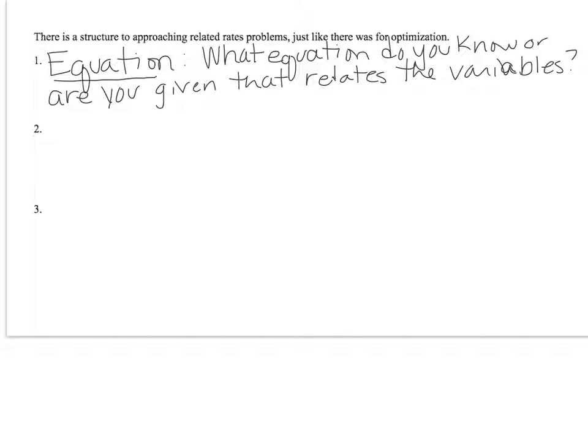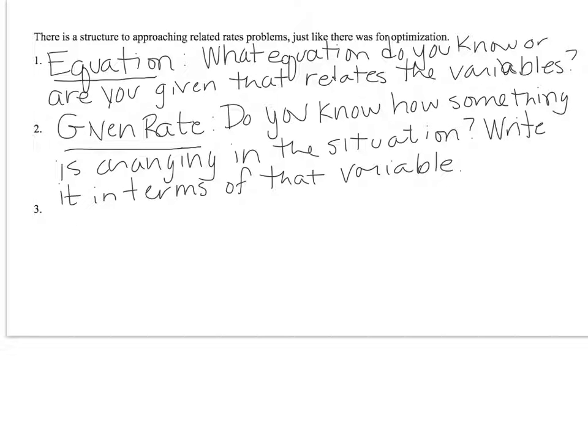So that's part 1. Part 2 is, are we given any rates? Given rate. With given rate, the question that you're trying to answer is, do you know how something is changing in the situation?